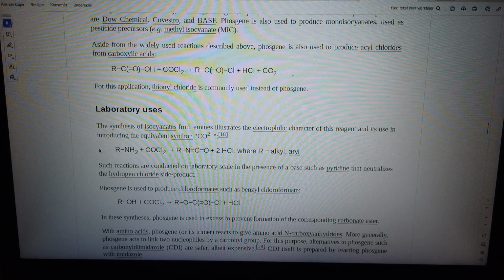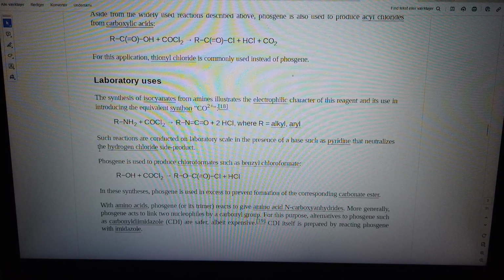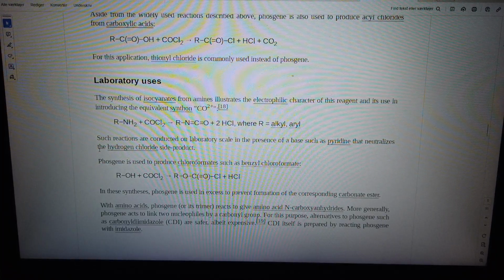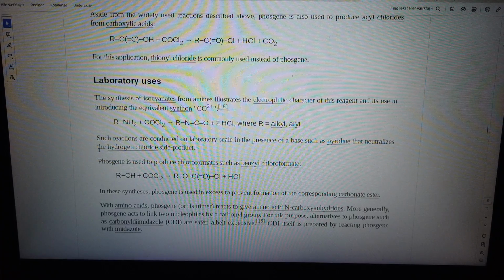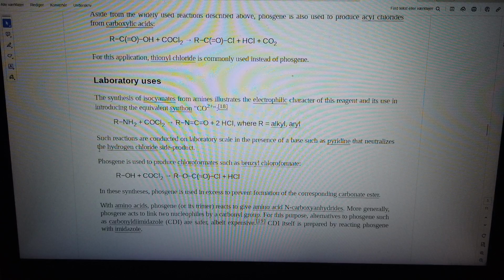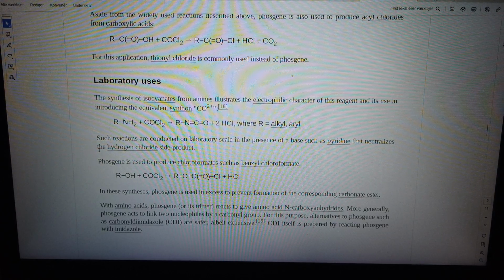Laboratory uses. The synthesis of isocyanates from amines illustrates the electrophilic character of this reagent and its use in introducing the equivalent of CO2. RNH2 plus COCl2 gives RN=C=O plus 2HCl, where R equals alkyl or aryl.